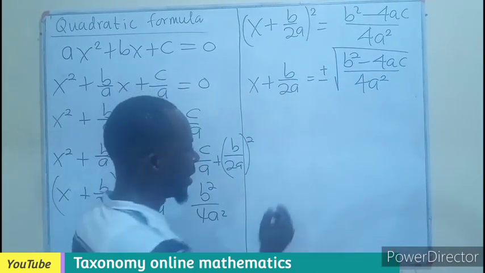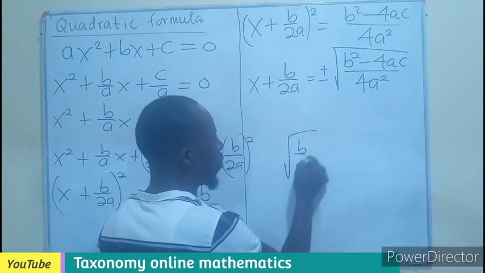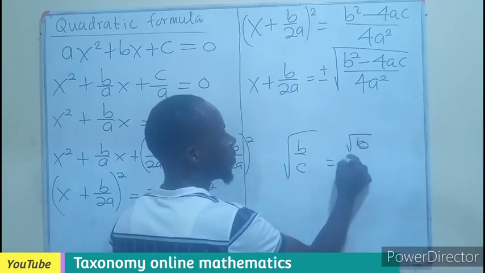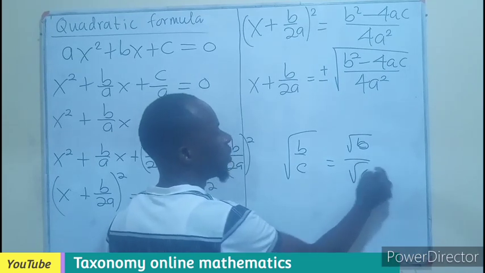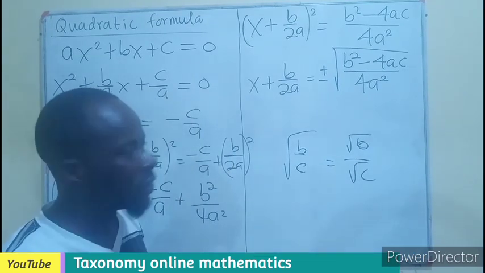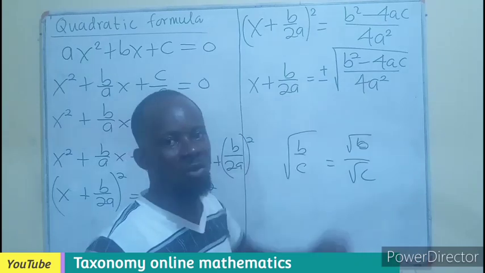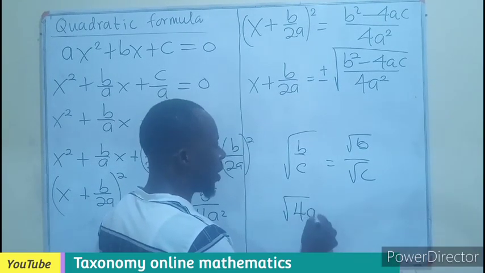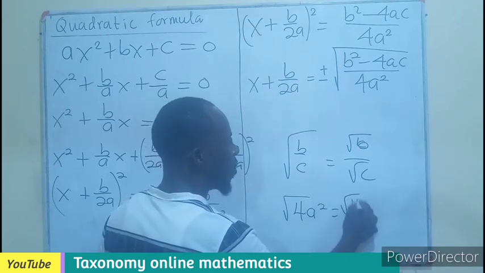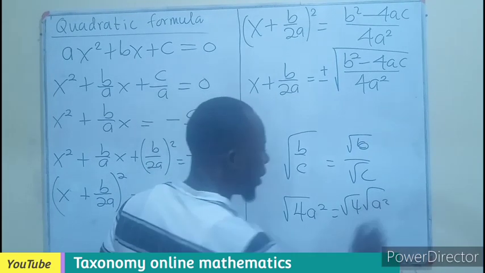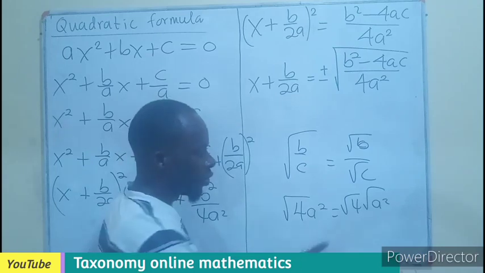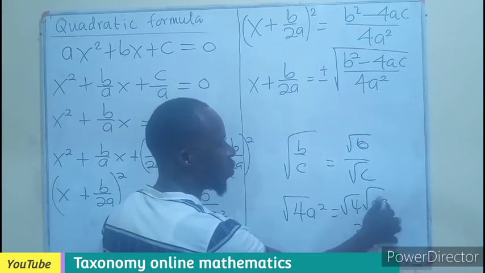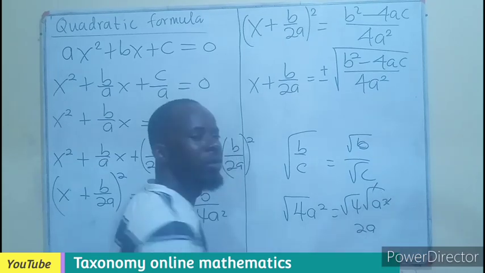And I said, if I have the root of b over c, it could be the square root of b over the square root of what? c. We can separate the square root. So here we can also separate the square root. And if I find the square root of 4a squared, it becomes the square root of 4 times the square root of a squared. So the square root of 4 will be 2. The square root of a squared will cancel to give you what? 2a.